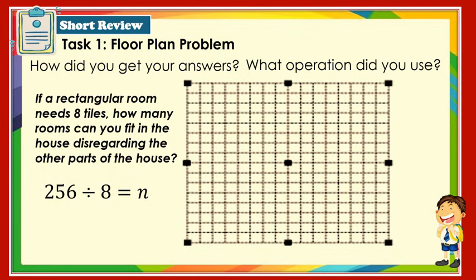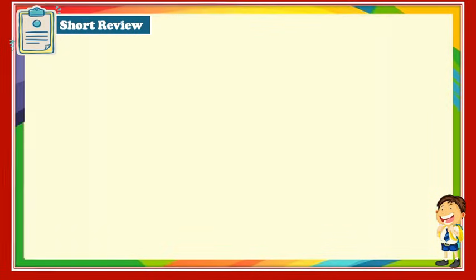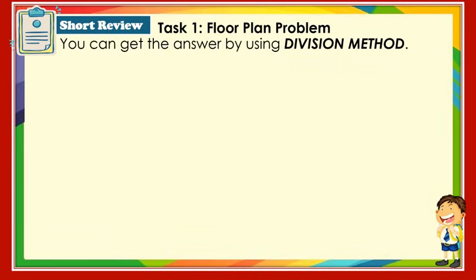That's our problem. To answer it, we can use the division method. We'll divide 256 tiles by 8 tiles, and the answer would be the number of rooms that can be fit in that house, disregarding the other parts of the house. So, 256 divided by 8.